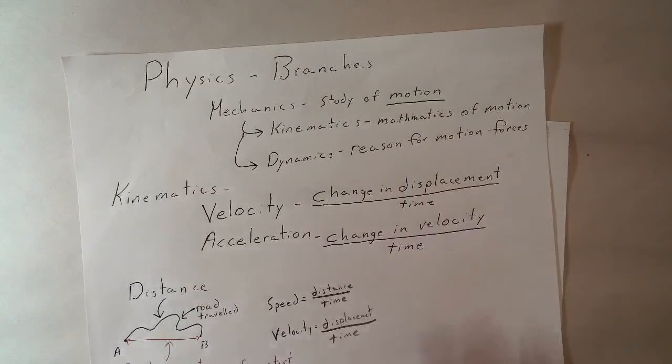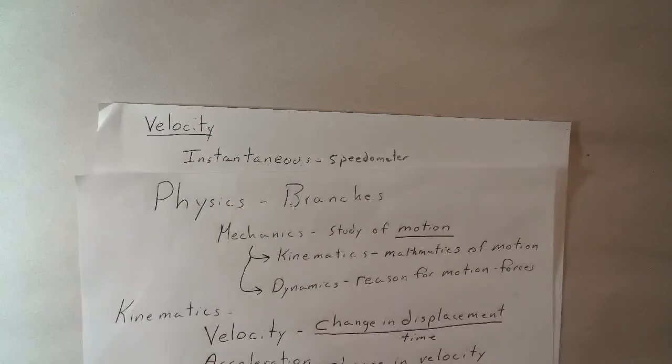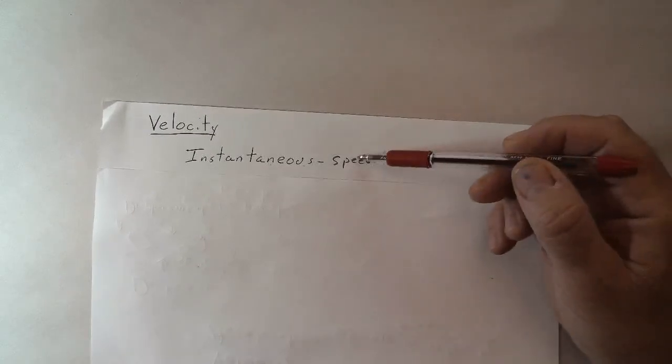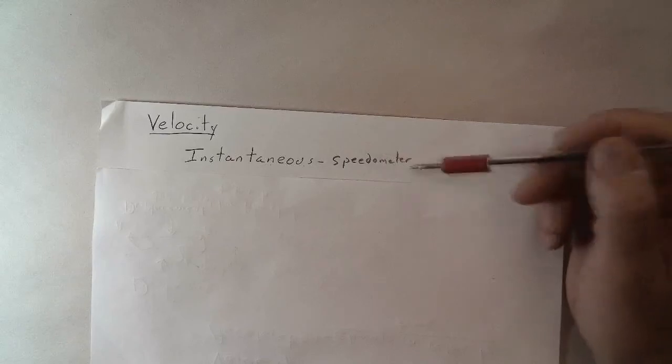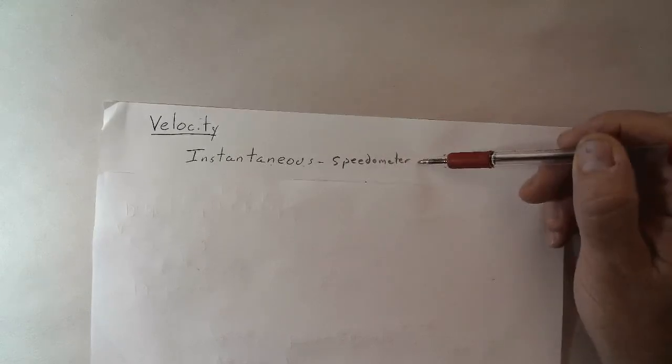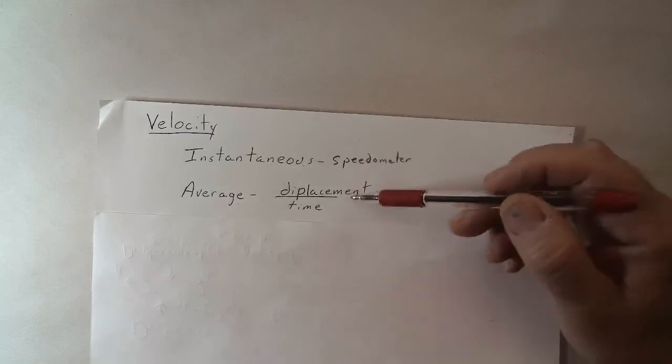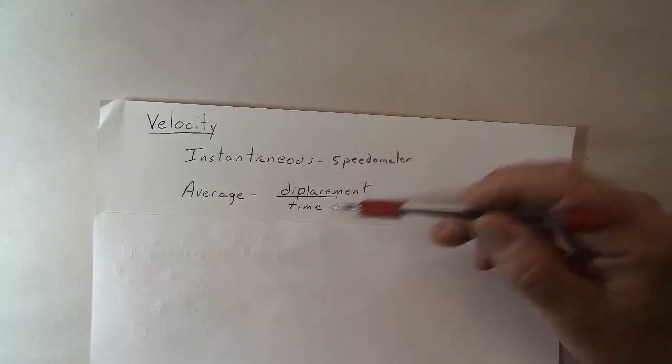All right, so we want to then start with some practice problems. So let's take velocity and talk about the different types of velocity. We have the instantaneous velocity. That would be given by a speedometer. We have the average velocity. Now, the average velocity is going to be taken by the displacement over time.